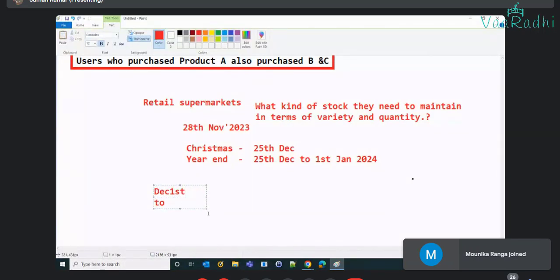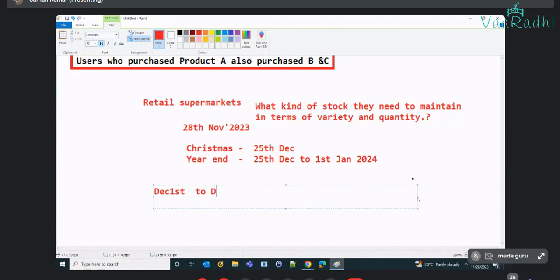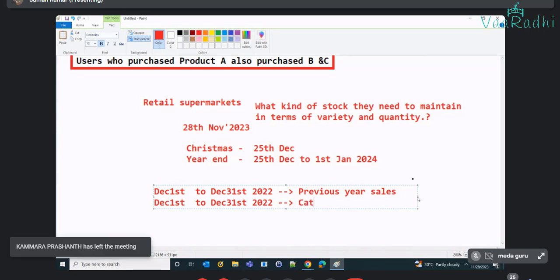December 1st to December 31st, 2022. What were the sales? Previous year sales. And for the same period, what are the category-wise sales?